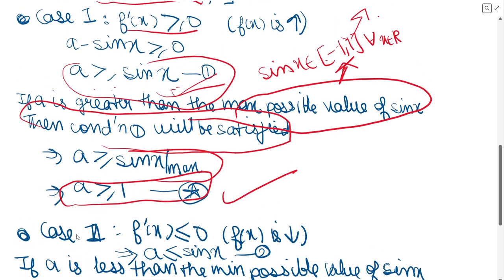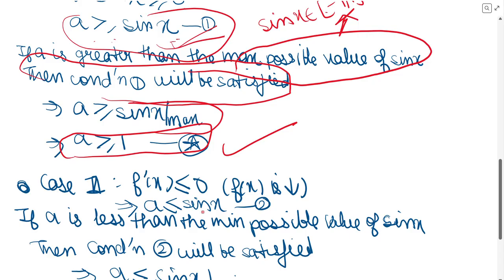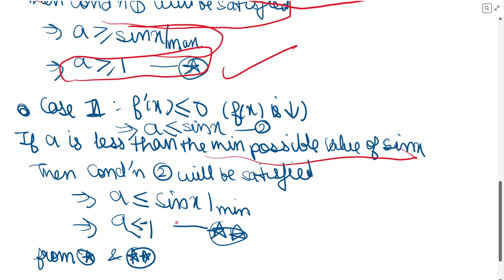Now for case 2, when the derivative is less than or equal to 0, f(x) is decreasing. That means a is less than or equal to sin x. If a is less than or equal to the minimum possible value of sin x, then condition 2 will be satisfied. So we must ensure that a is always less than or equal to the minimum possible value. That means a is less than or equal to minus 1.